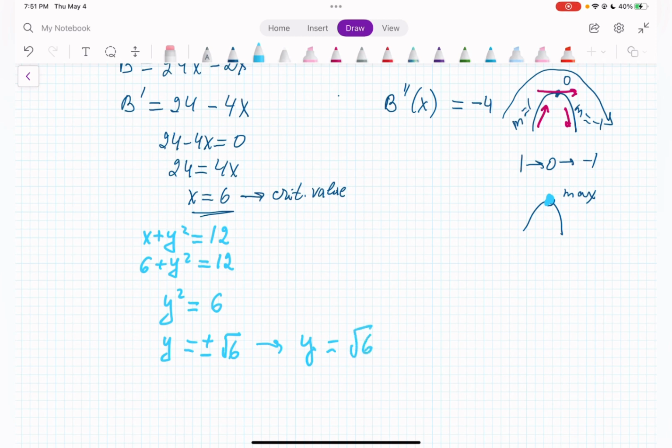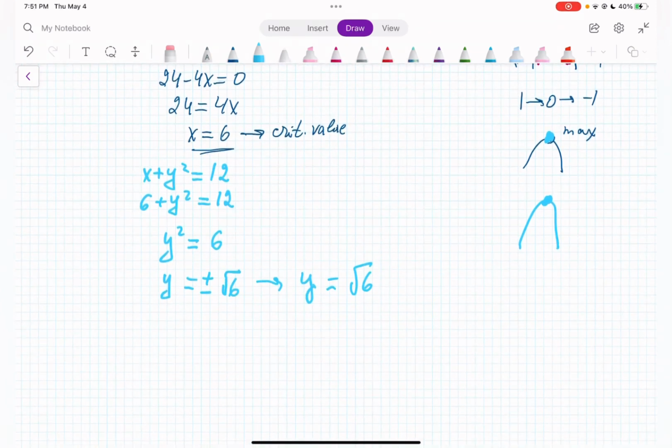With concave down, negative cannot be maximum. Maximum is going to be here. Therefore, we take only the positive value. So this is going to be our coordinate when x is equal to 6: 6 and square root of 6.